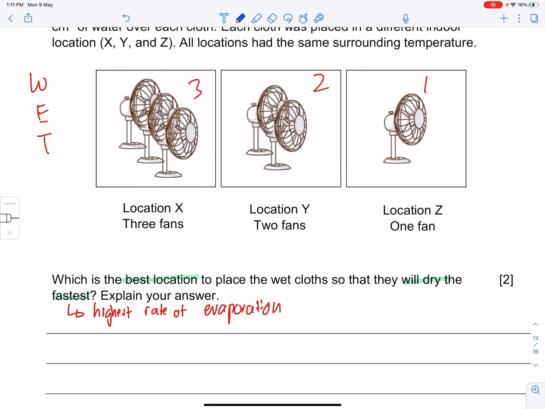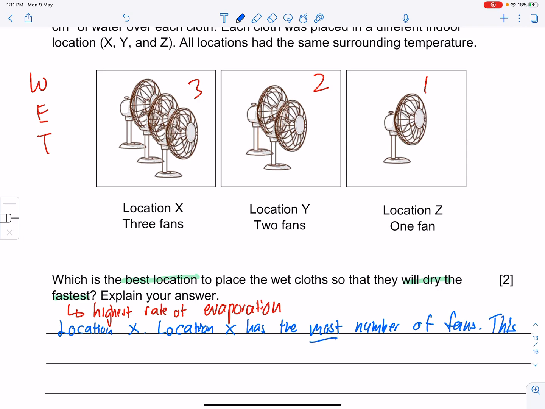So the answer has to follow CER. The first thing will be location X. Why? Location X has the most number of fans. Compare and contrast. A lot of you tell me more. More means what? You need to be specific: has the most number of fans.